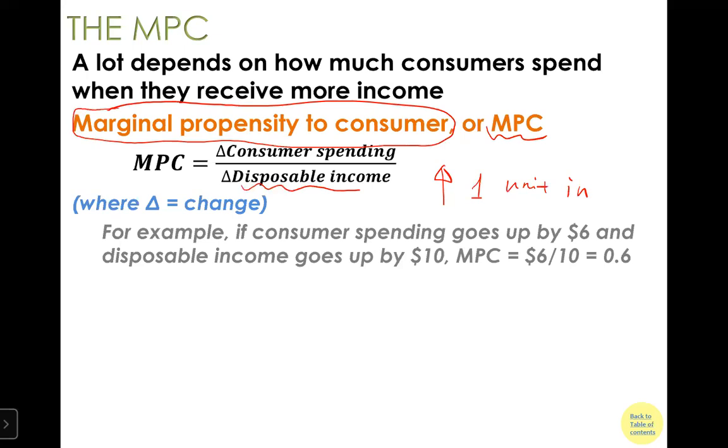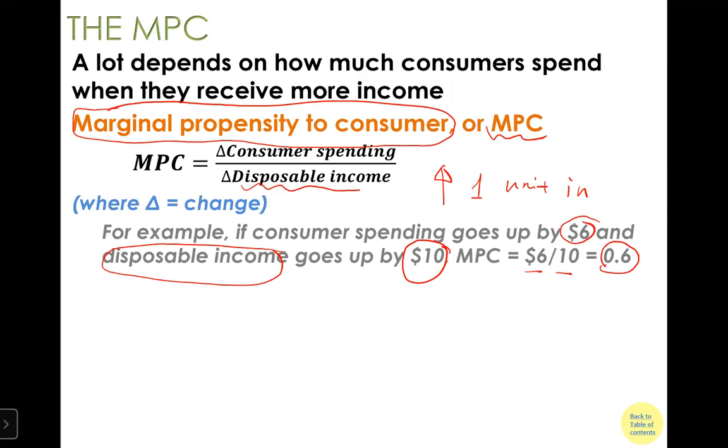Just to give you an example: if consumer disposable income goes up by $10, and consumer spending goes up by $6, then the MPC is going to be 6 divided by 10, equal to 0.6.